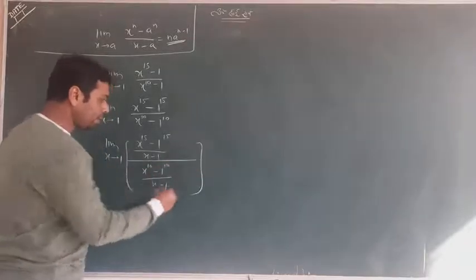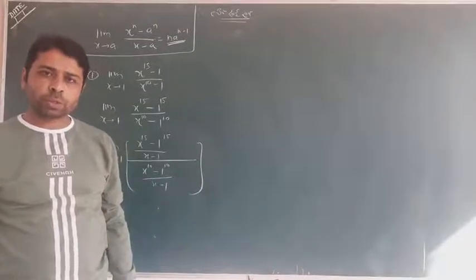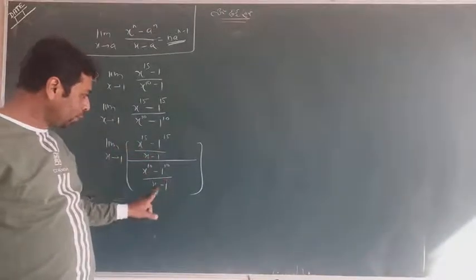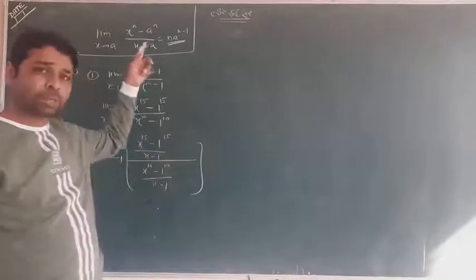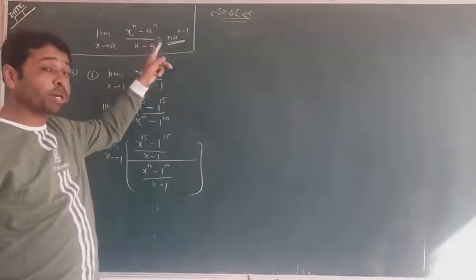What I have done is divide by x minus 1 in both numerator and denominator, so that I can have the terms of numerator and denominator as the formula, with x minus a in the denominator.